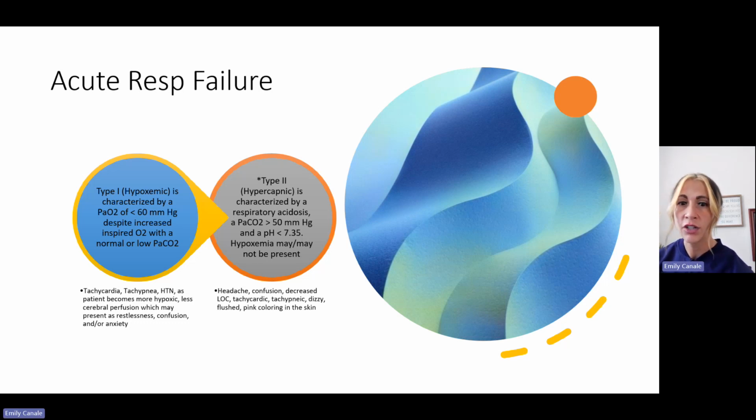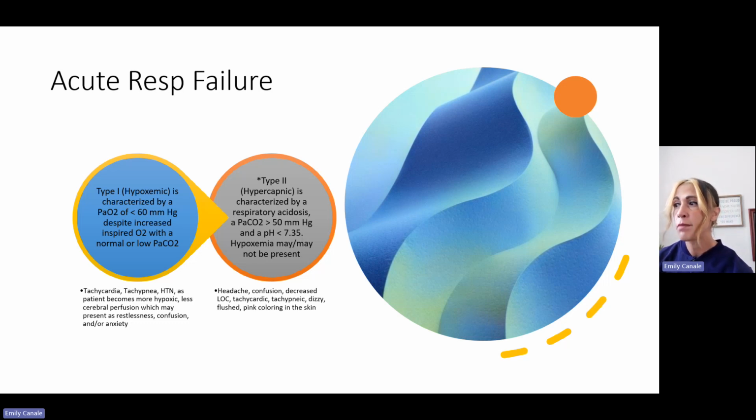There is a really good chart in your textbook, 27.6, that goes over the risk factors for acute respiratory failure. Again, impaired ventilation, which is hypoventilation, would be things like airway obstruction, anesthesia, because it's slowing things down, and opioid administration, my pain medication.